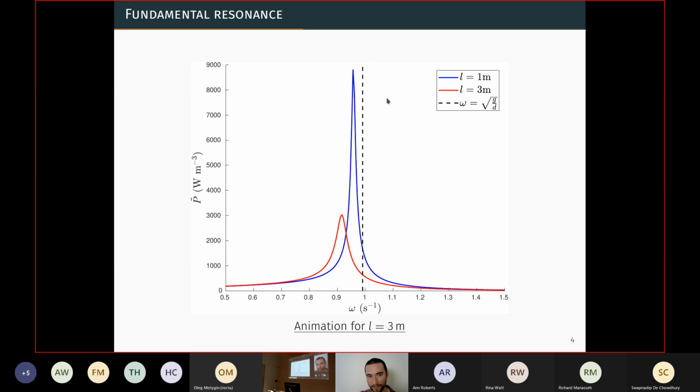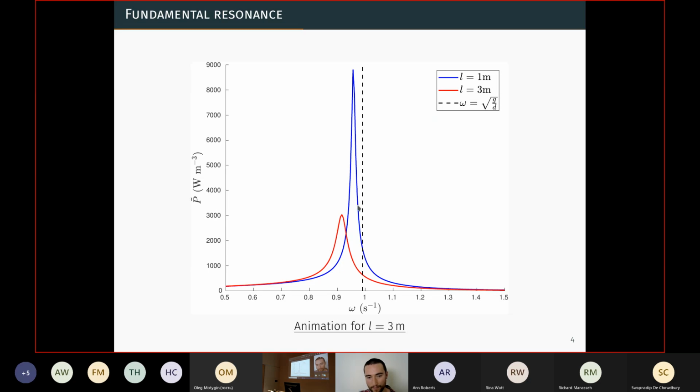If you make that assumption for the parameters I've chosen here, you would expect the resonance to occur at this dashed line. But when you actually model this using a finite separation of the barriers, you get these peaks which occur at slightly lower frequencies than the hydrostatic prediction.